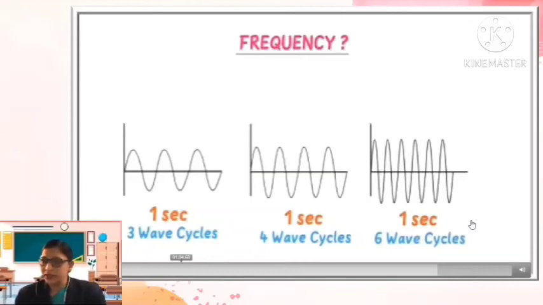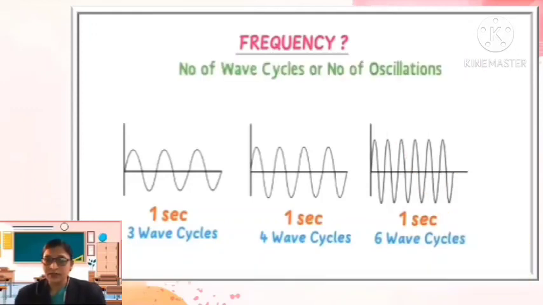While in the third case, if you look carefully, this is 1, 2, 3, 4, 5 and 6: 6 wave cycles are created in 1 second. So in the first case, the frequency of the wave is 3 waves per second. Here 4 waves per second and here 6 waves per second.